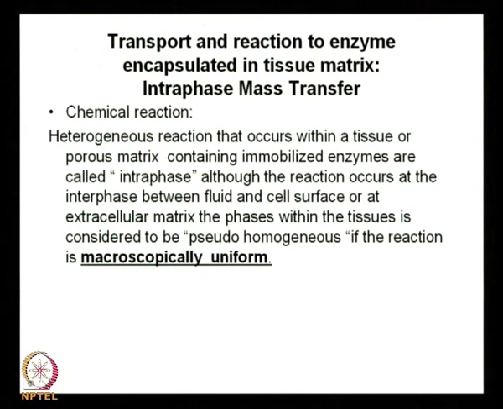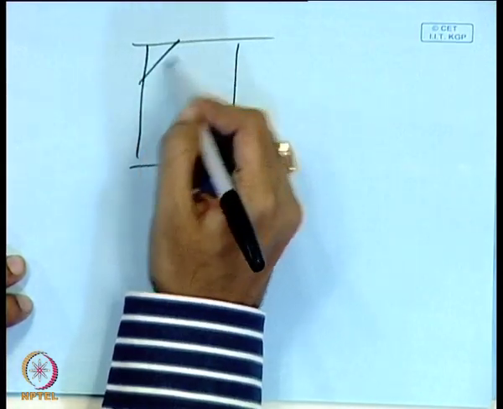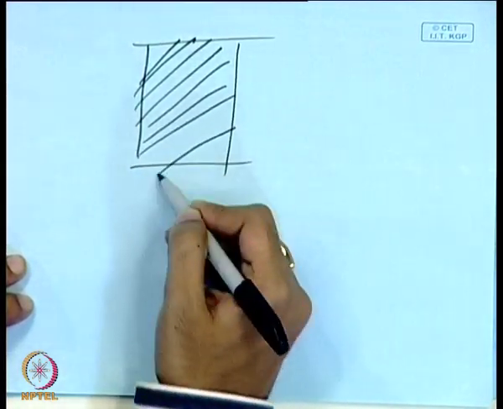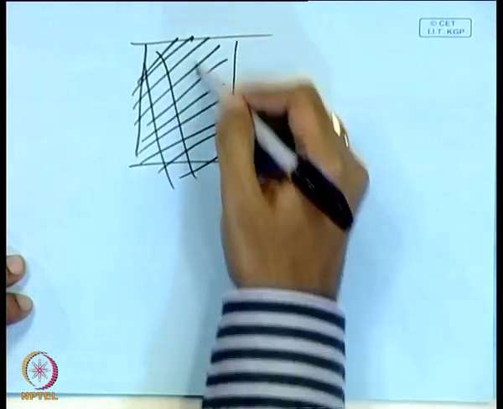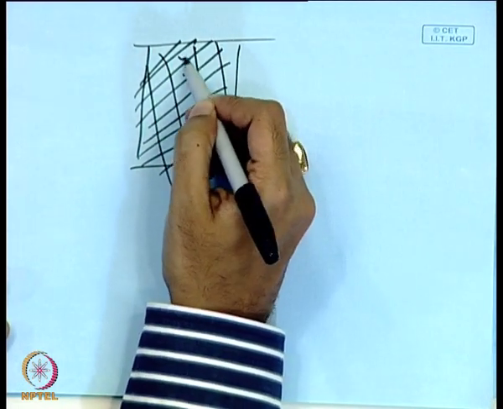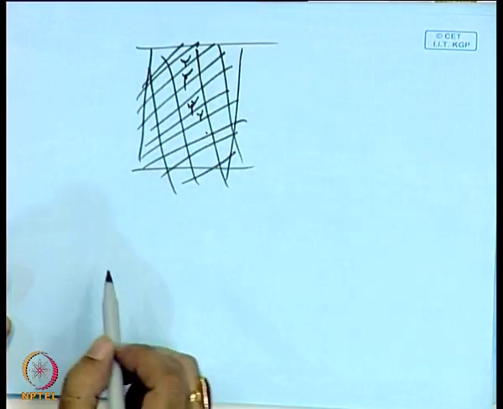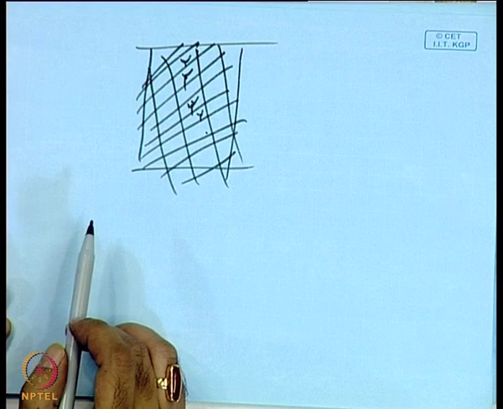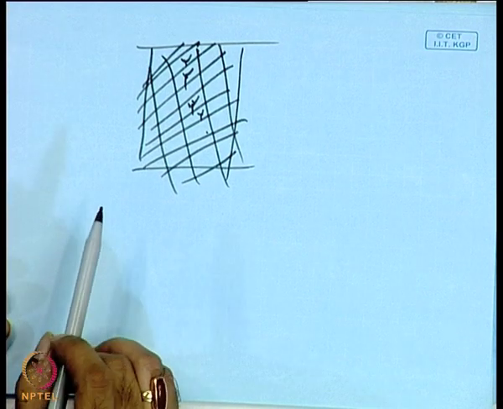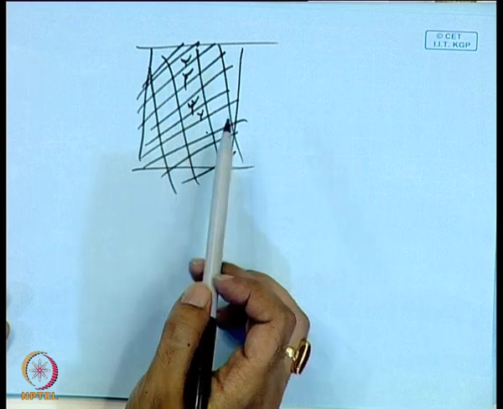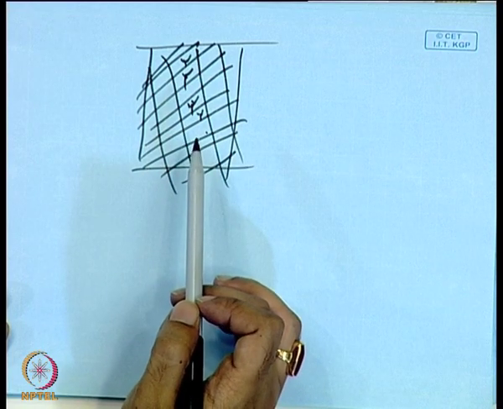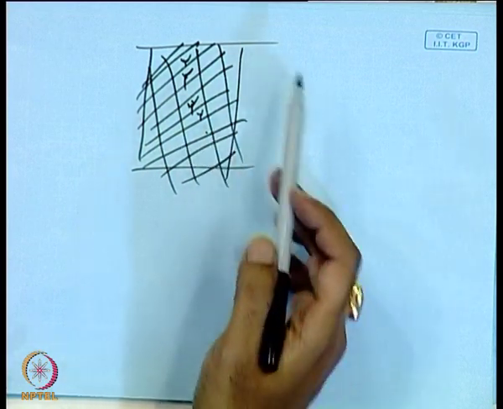If I can attract your attention to this, my enzymes are, let us say, these points. Now, if I can write a homogeneous model for this, or a heterogeneous model for this. This is something I had discussed, but I still want to go into the details and see if you can understand it completely.